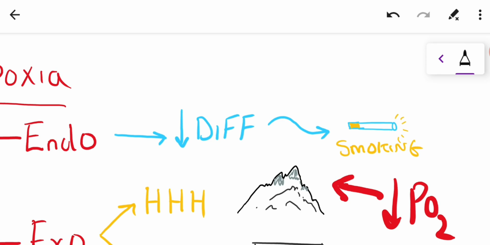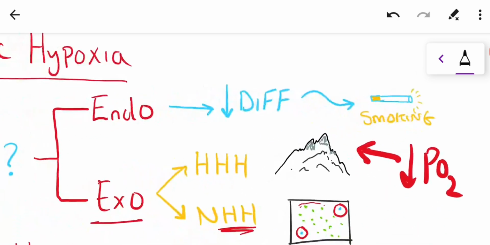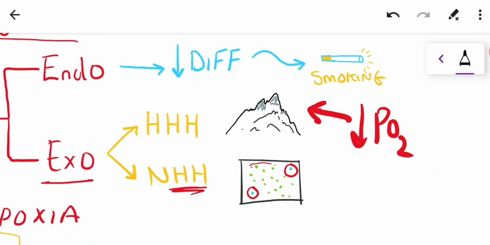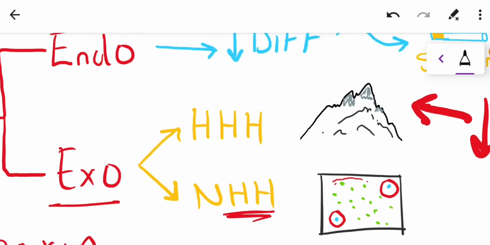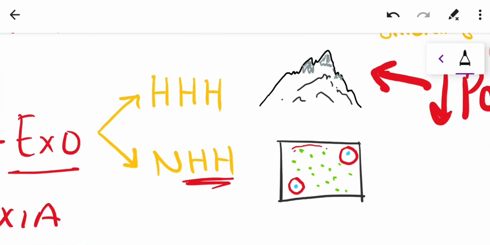Why are you intaking less oxygen percentage? You could think of this as because there's a pathology with the diffusion, your ability to diffuse the oxygen into your blood. So smoking, all right, somewhat simple. Exogenous, Triple H, all right, and NHH.